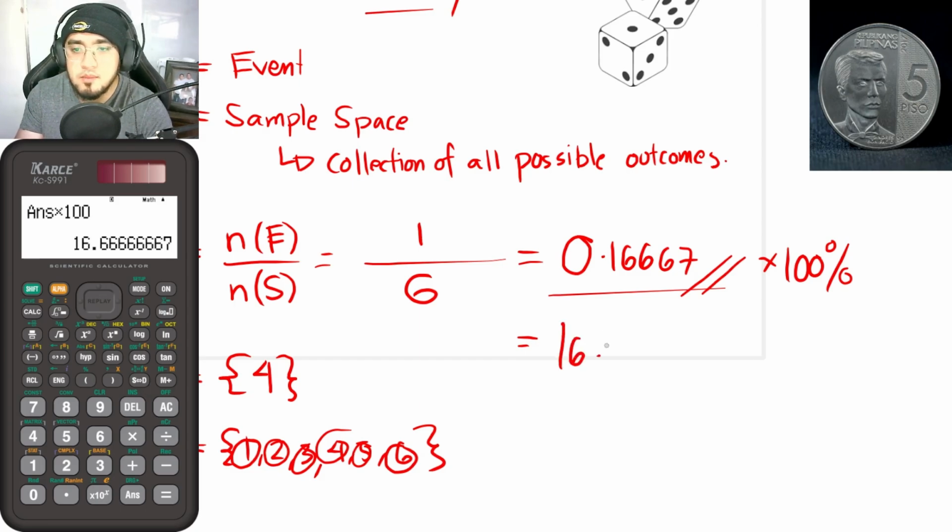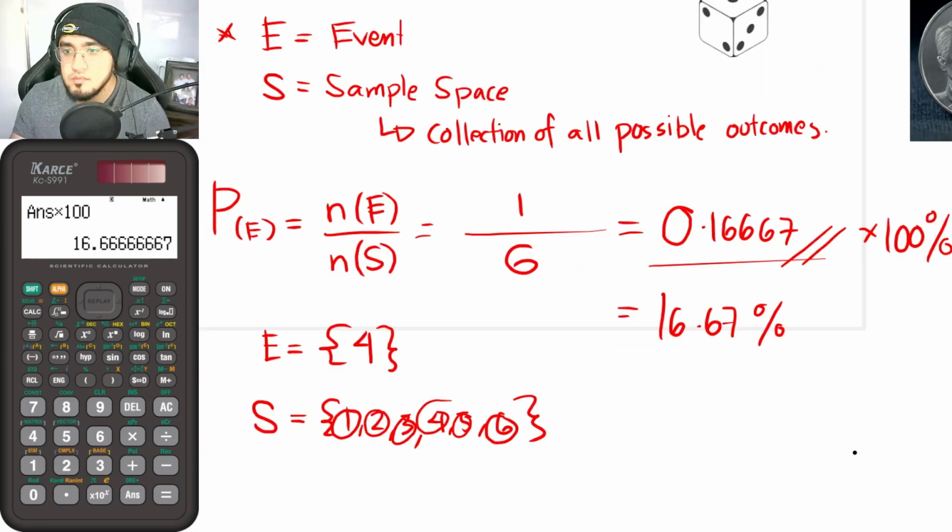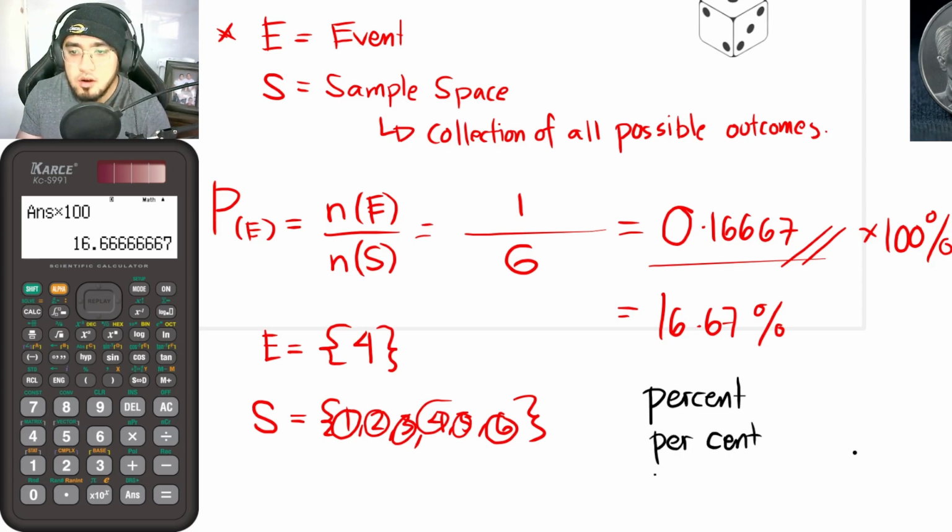So 16.67%. Okay, so fun fact, when we say percent, if I am to write it here, percent basically means per cent or per 100.